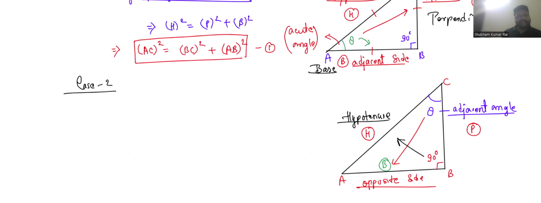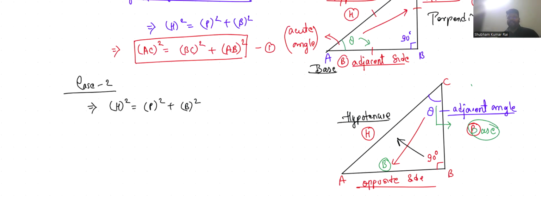So if we apply the Pythagoras theorem, hypotenuse square is equal to perpendicular square plus base square. Now here you can see that this is the hypotenuse. This became the base, because it is adjacent to the reference angle.